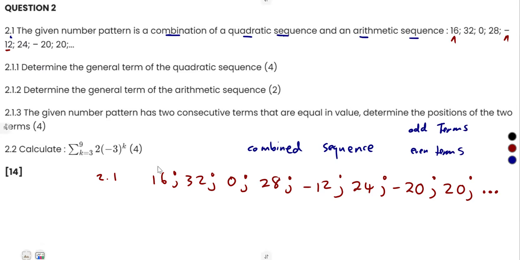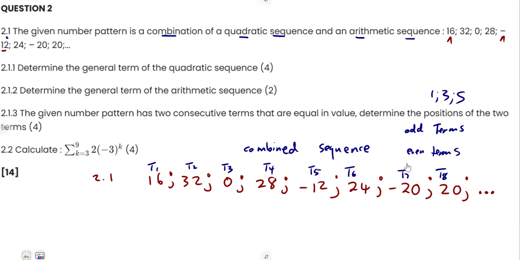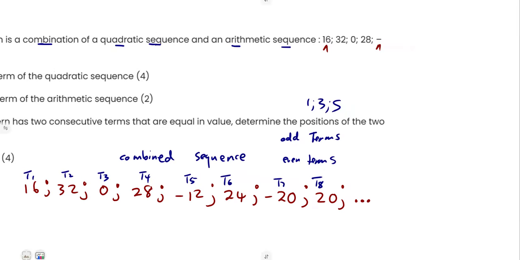So you must be able to locate from the terms that you're given, T1, T2, T3, T4, T5, T6, T7, T8, which ones are the odd. Remember odd numbers 1, 3, 5, and so on will form their own sequence.